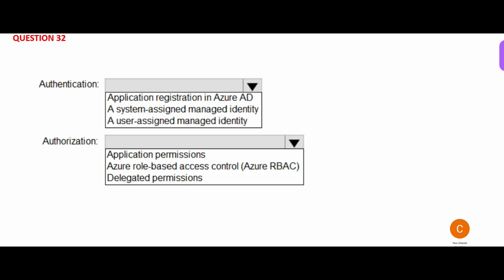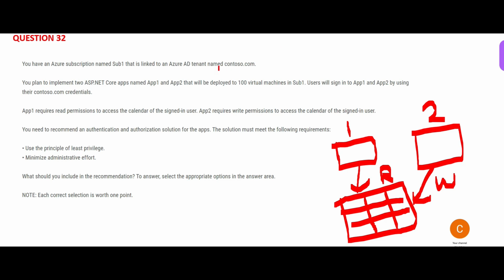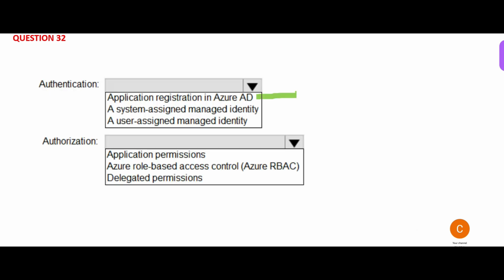So first thing, you have to register the app in AD. That's the first step. I think maybe common sense is that in Azure AD, I will have to register these two apps first.